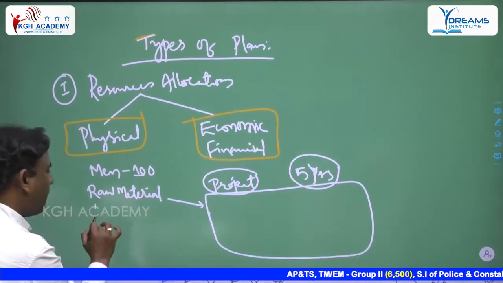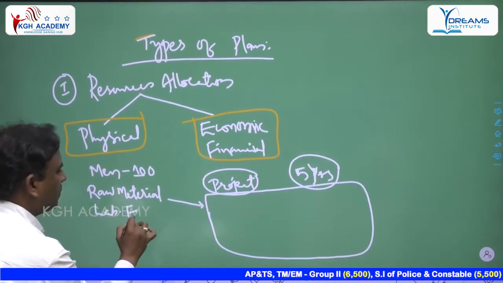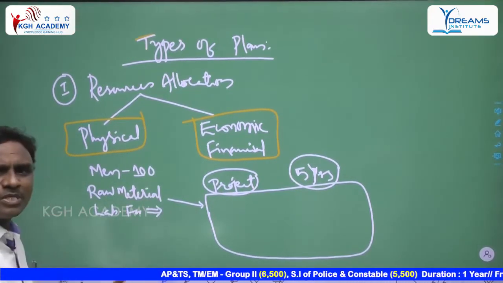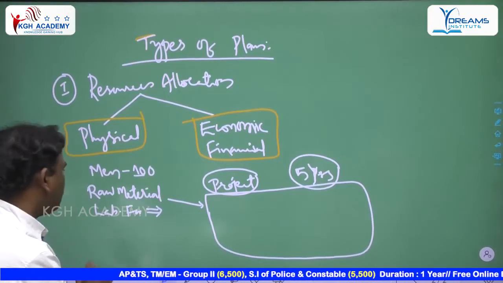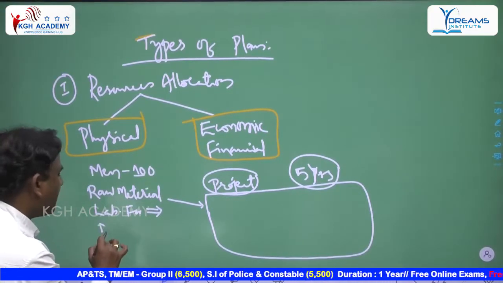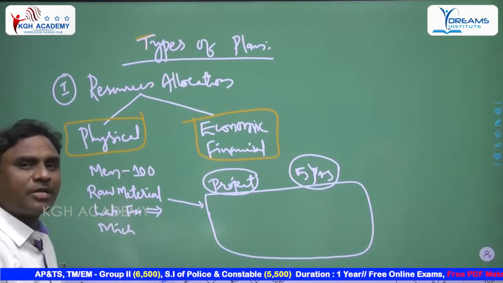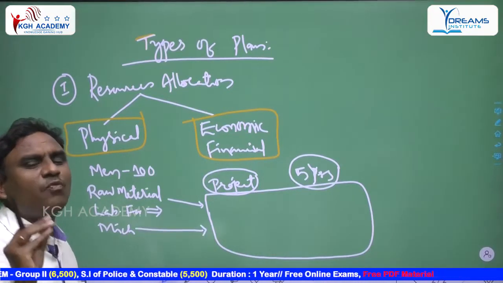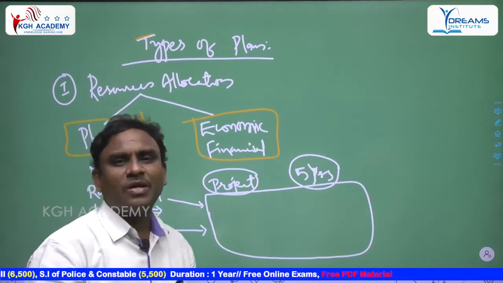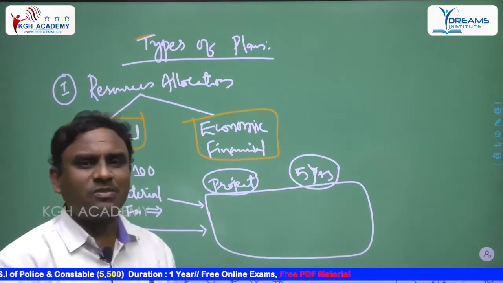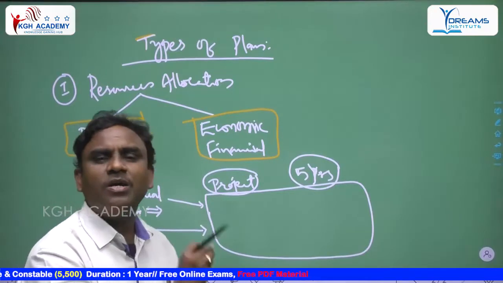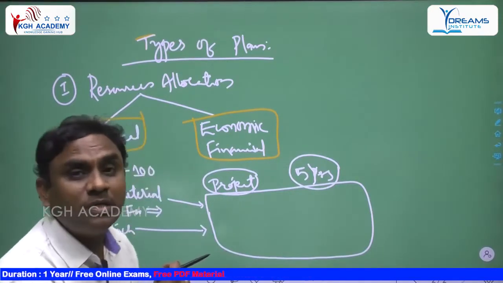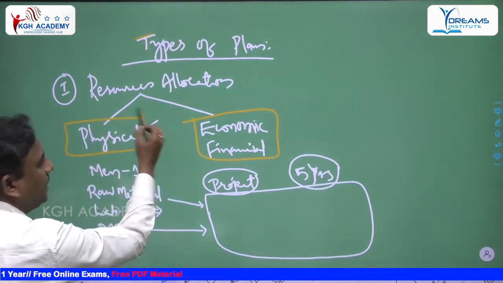Labor force or workforce, and machineries are also supplied. Everything is supplied in physical form. After 5 years, the project or reservoir is completed. This is called physical plan.